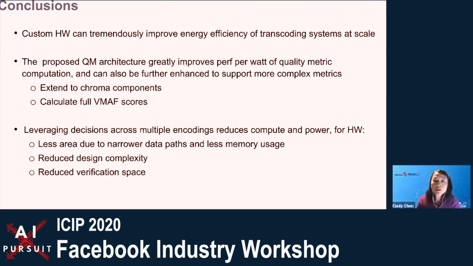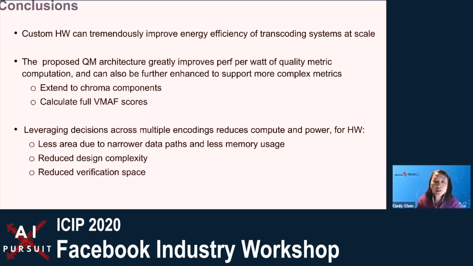To conclude, hardware acceleration can tremendously improve the energy efficiency of video transcoding systems at scale. The proposed quality metrics architecture can greatly improve the performance per watt of objective quality metrics computation compared to CPUs. The proposed architecture can be further extended to use chroma channels and also to compute more complex metrics such as the full VMAF score.